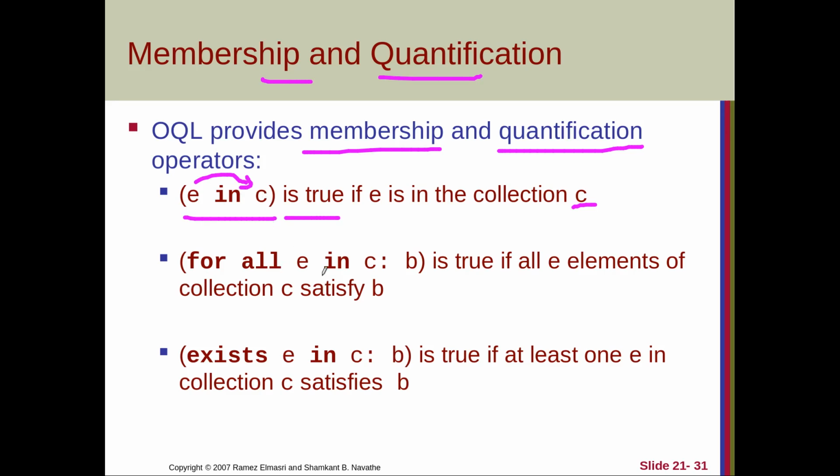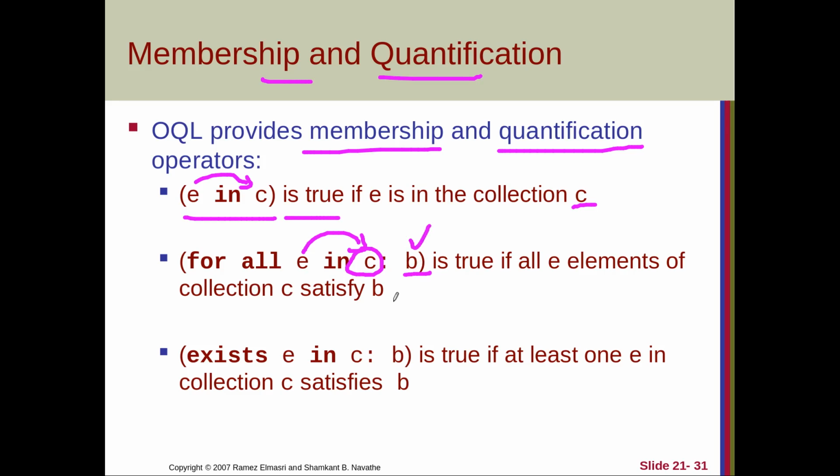Then, for all E in C: B. C is the collection, and for all the elements in C, it is true if all elements of collection C satisfy the condition B. So B is a condition.